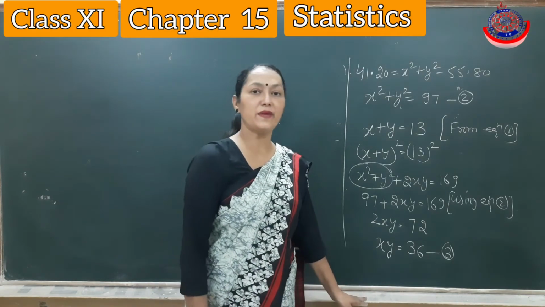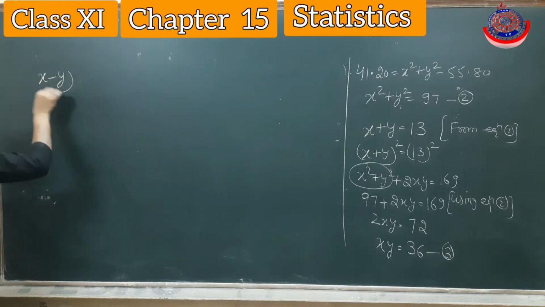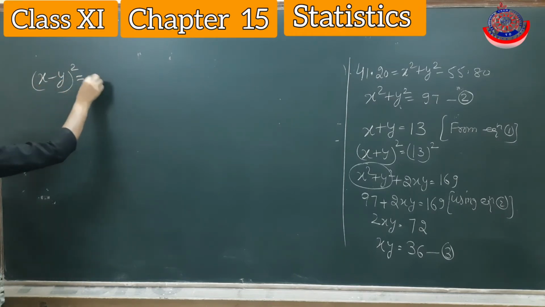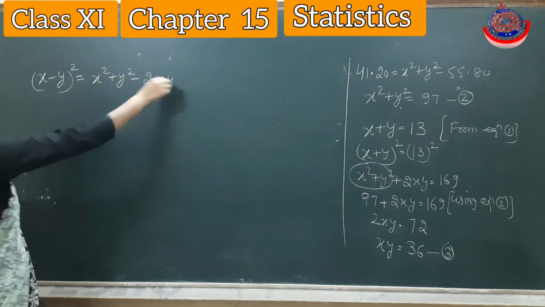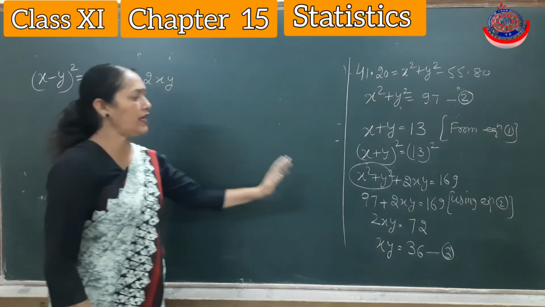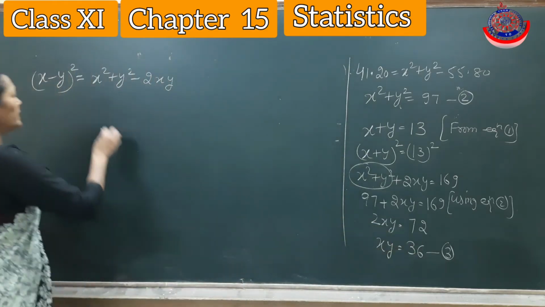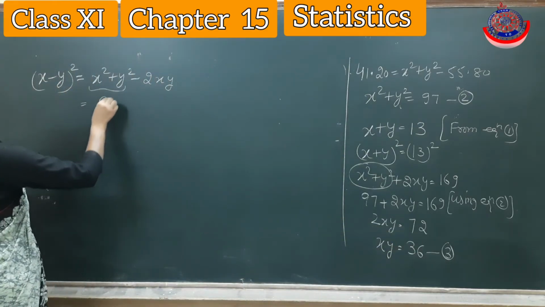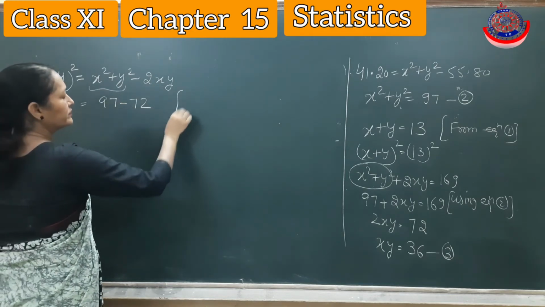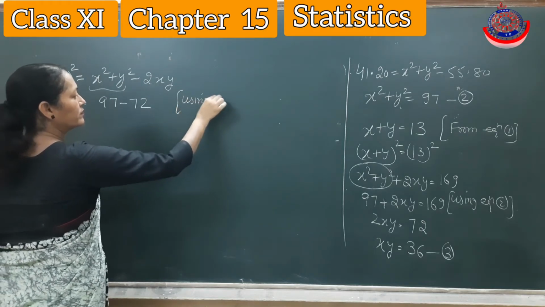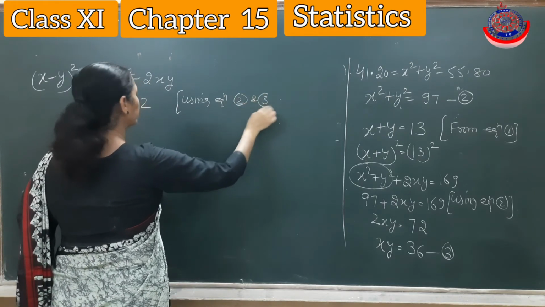Now if we write x minus y whole square, this can be written as x square plus y square minus 2xy. If we fill the values of x square plus y square as 97 and xy as 36, we will get here 97 minus 2 into 36, that will be 72, using equation 2 and 3.